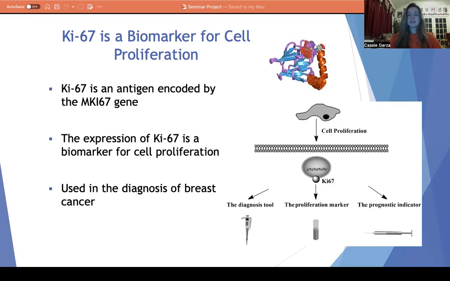So it's a great biomarker for cell proliferation since its presence increases with the level of proliferation of the cells. It makes it an excellent marker for diagnosing cancer. It's really popular for breast cancer at the moment. They're exploring the uses to diagnose other types of cancers, but it's really useful for breast cancers.